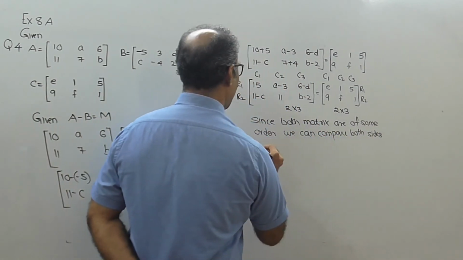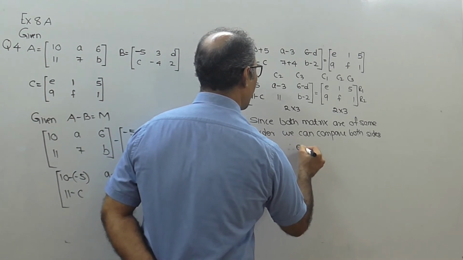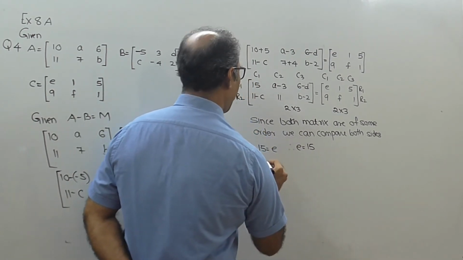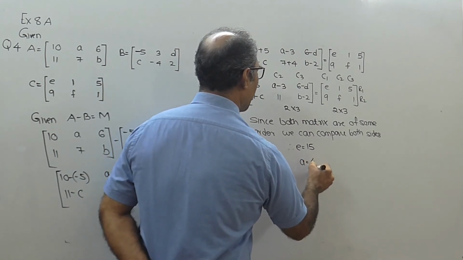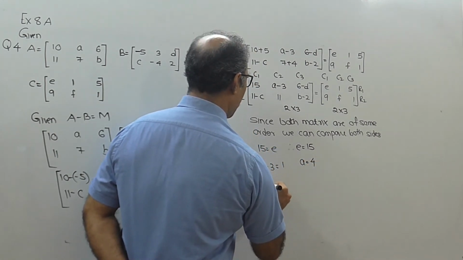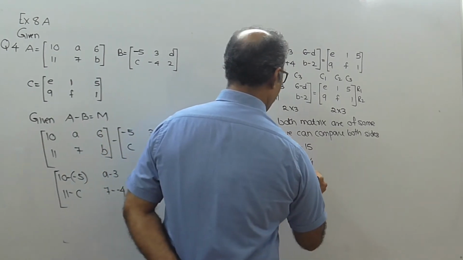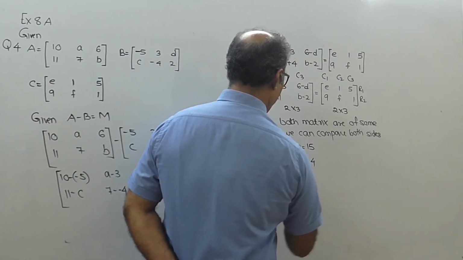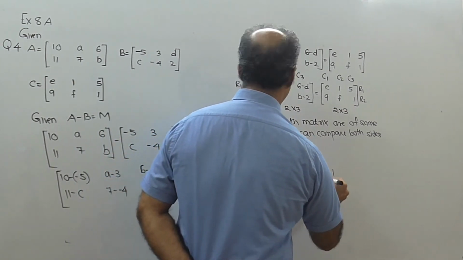If you compare both sides, you get 15 equal to e, therefore e equal to 15. Next is a minus 3 equal to 1, we get a equal to 4. 6 minus d equal to 5, so take 5 this side, so 6 minus 5 equal to d, so d will be equal to 1.